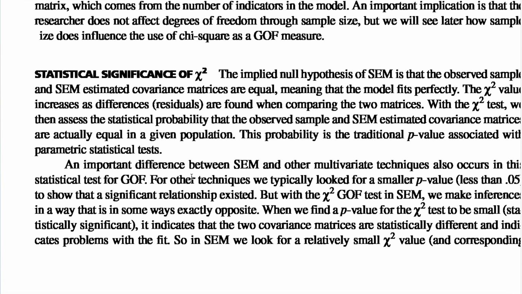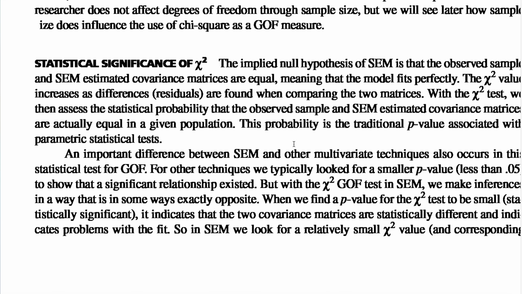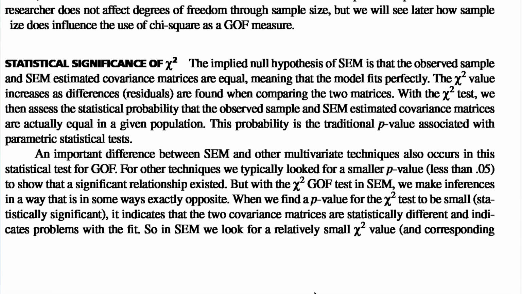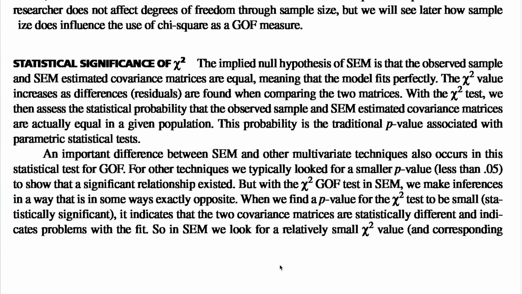Let's talk about the statistical significance of chi-square. The implied null hypothesis of structural equation modeling is that the observed sample and the structural equation modeling estimated covariance matrices are equal, meaning the model fits. The chi-square value increases as differences (residuals) are found when comparing the two matrices with the chi-square test.